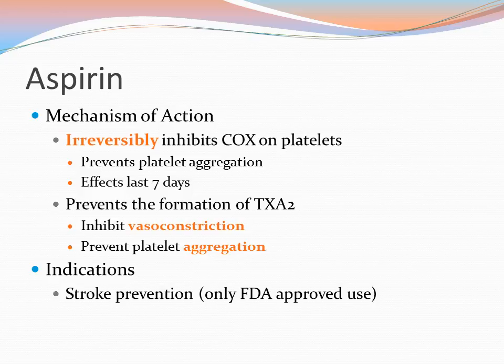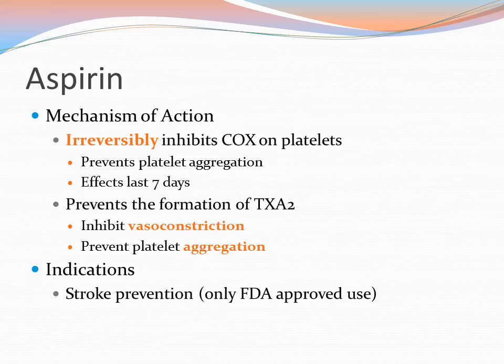How aspirin works is it irreversibly inhibits COX on platelets. COX stands for cyclooxygenase. It's actually a component of inflammation, which is why aspirin can be used as an anti-inflammatory, but it also comes on platelets.